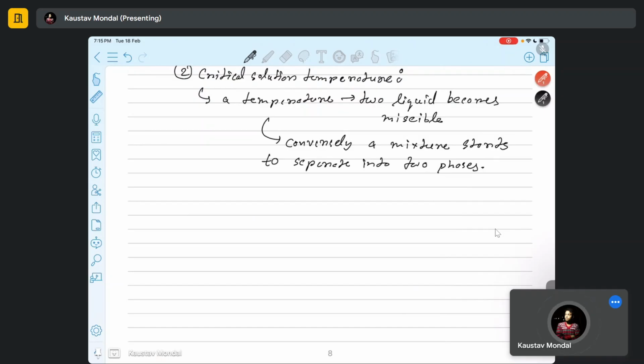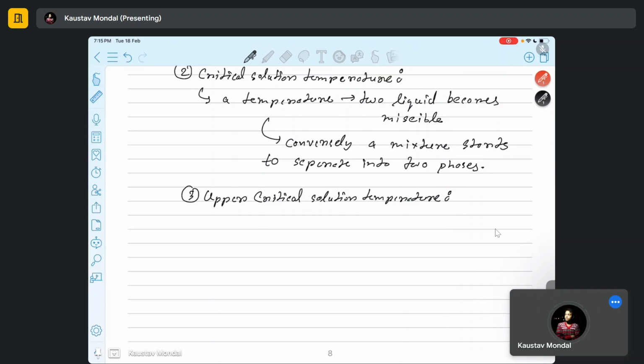The third thing is the upper critical solution temperature. What is this?